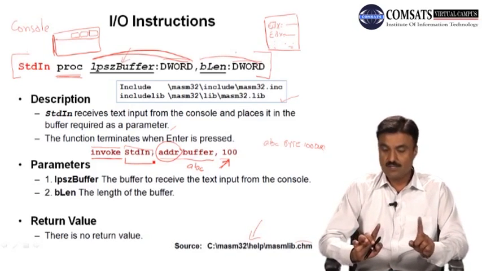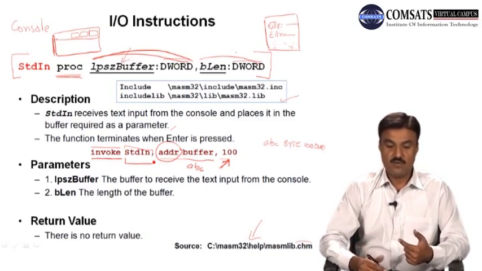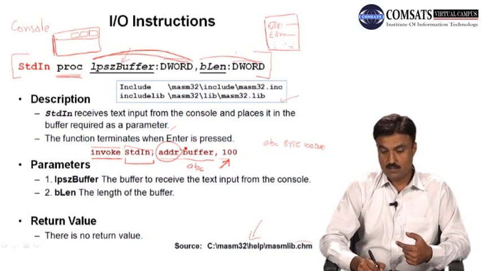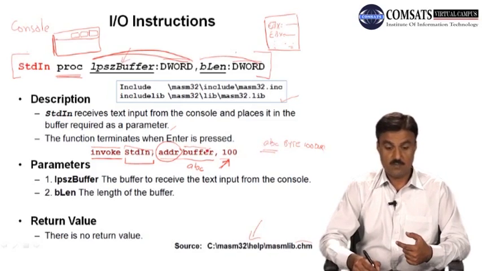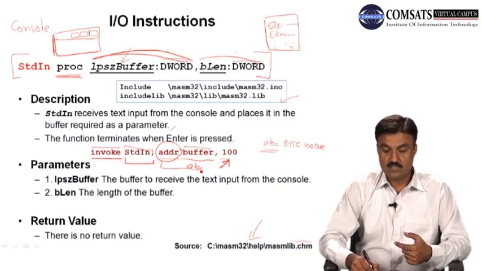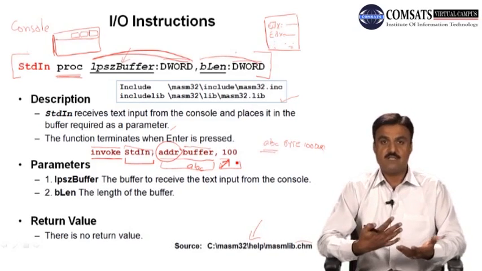This offset option will give us the address of this variable, the starting address inside the memory for this buffer variable. So here we are actually passing the starting address, and this one is the total size reserved inside the address.